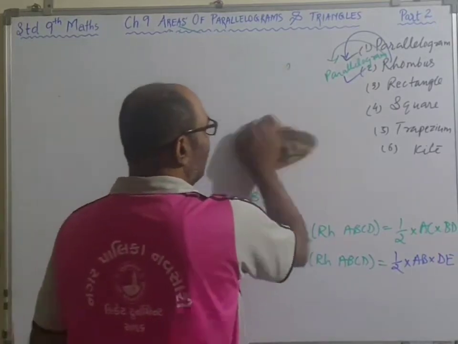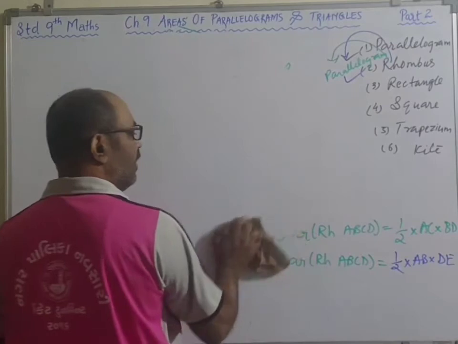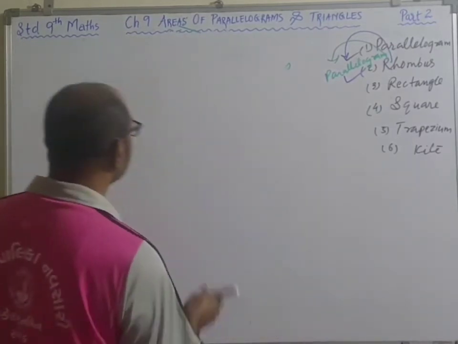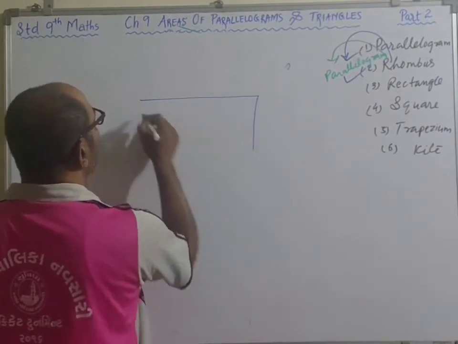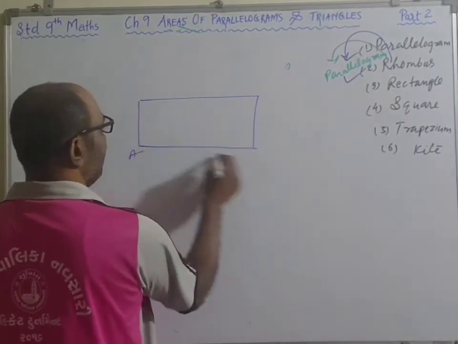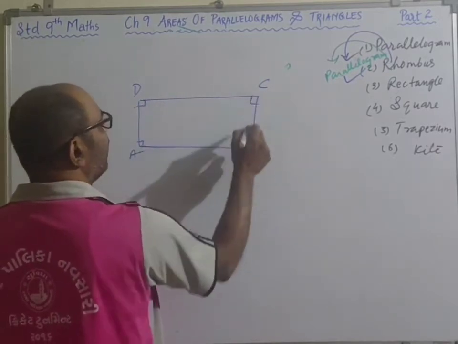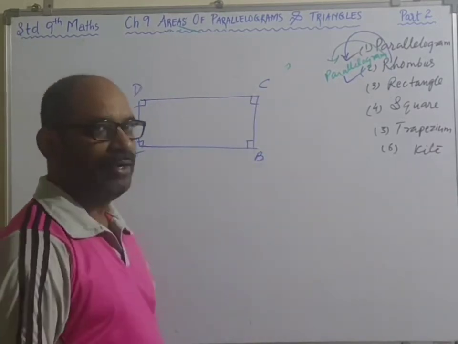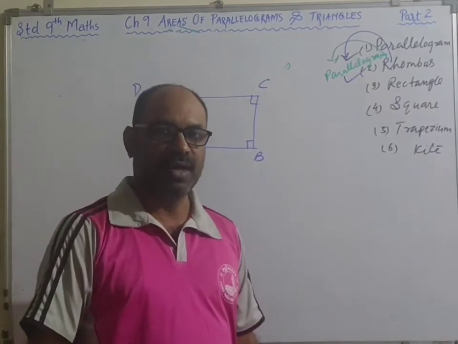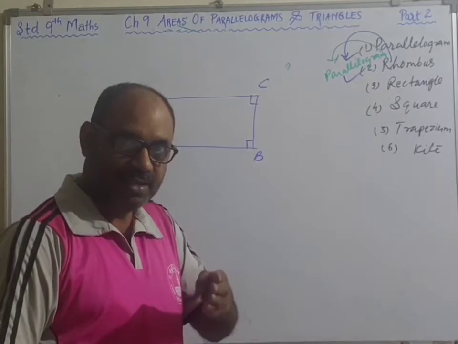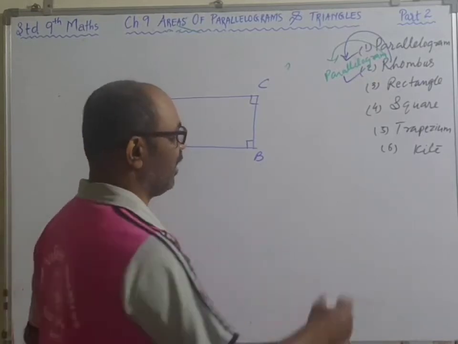Now let's see the third one, and that is rectangle. Very quickly I'll draw the figure. Here is a rectangle ABCD. Yes, all angles are right angle. Now I don't need to derive the formula, because we have already taken area of rectangle as the base, but थोड़ा justification करेंगे.